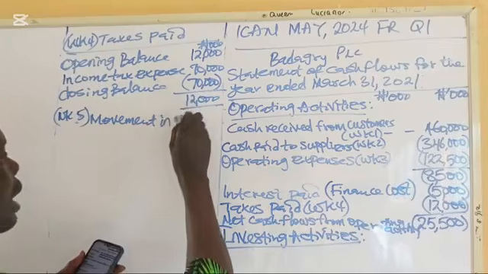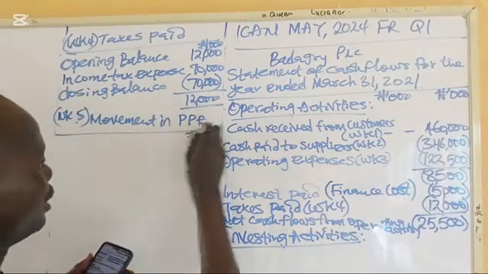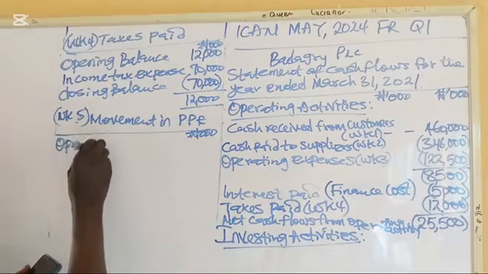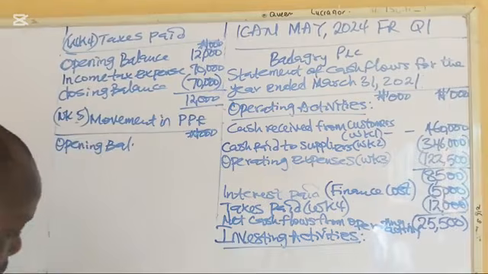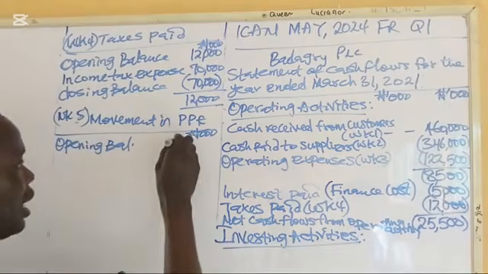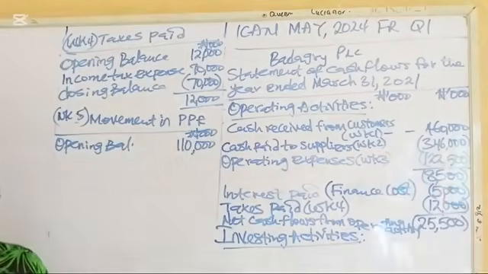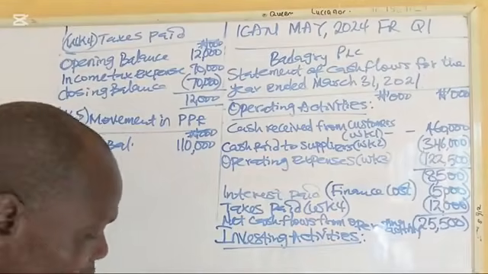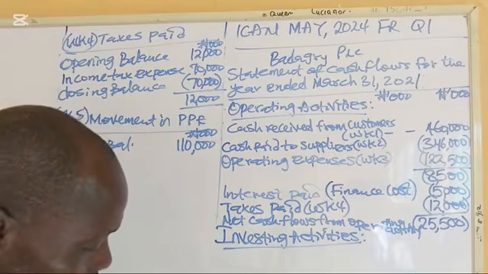property, plant and equipment. So, as usual, you start with what? Opening balance. How much is the opening balance? 110,000. Now, what are the transactions that affect it during the year? Go through the note.